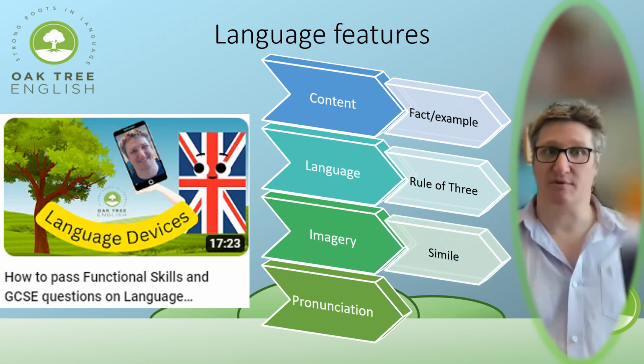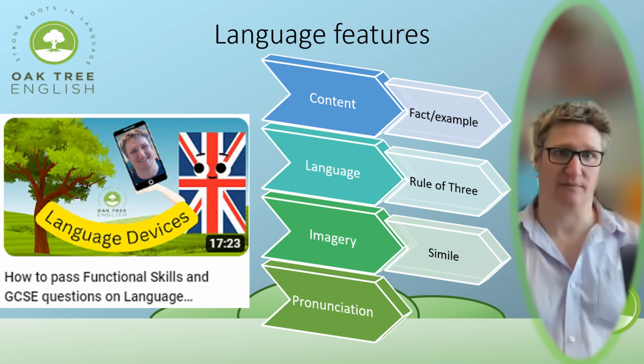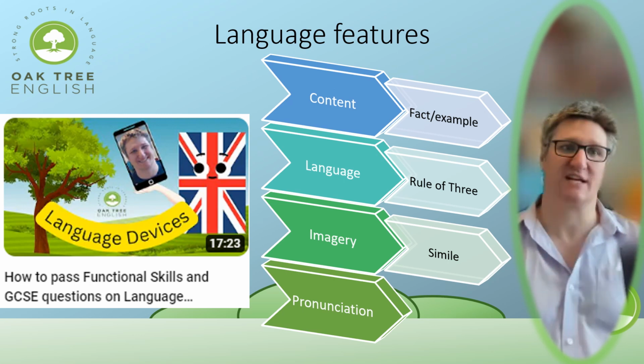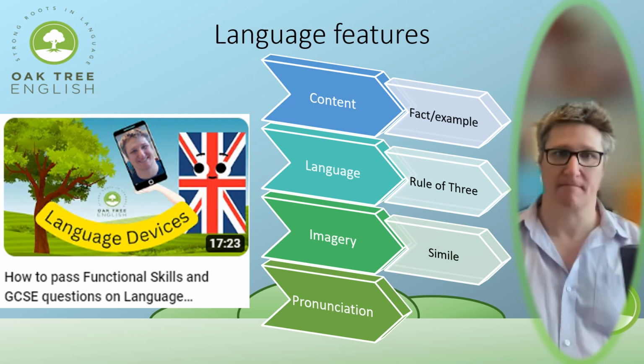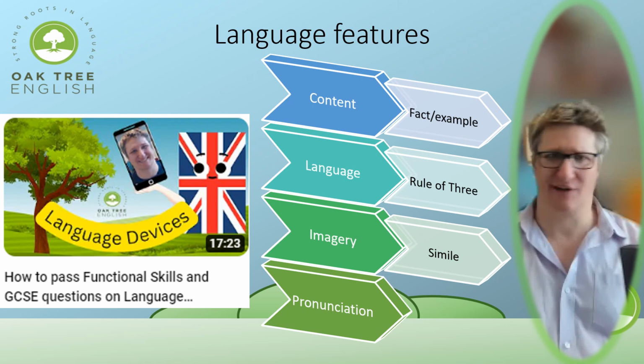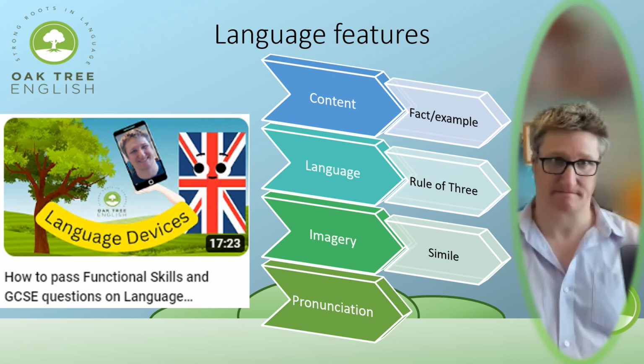There's less call for imagery than in other forms of writing, especially narratives, but using a few common similes for scale can help, such as an area of rainforest as big as a football pitch is lost to deforestation every 6 seconds in Brazil. That's a simile, but don't start getting too bogged down in metaphor and things like that, because you're not being asked for that.